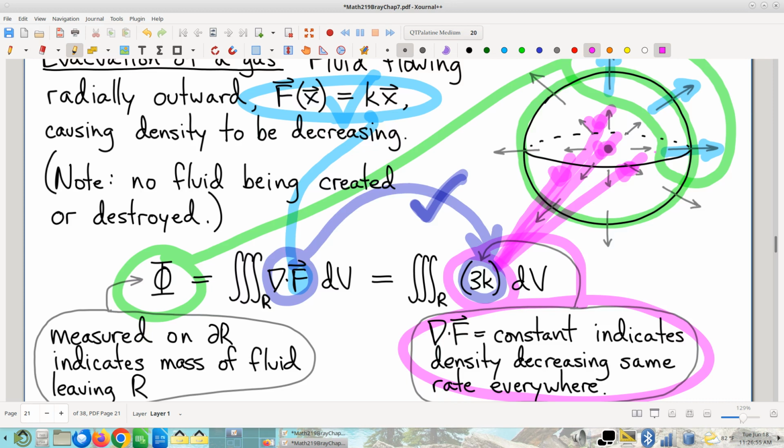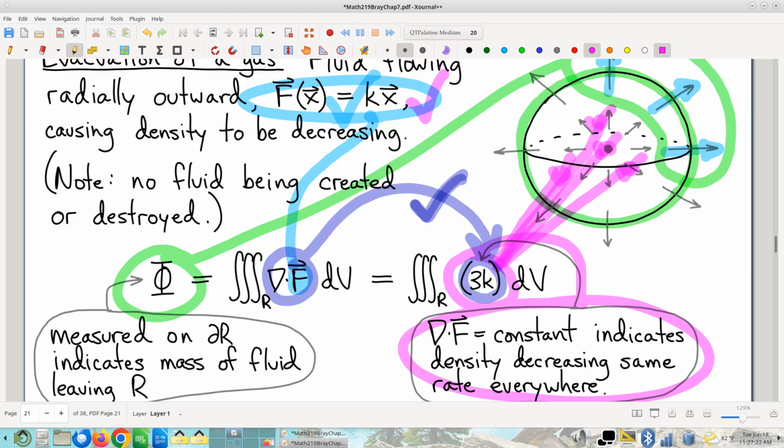And that, by the way, is a check of reasonableness that this might actually be the vector field describing the flow in the first place. We've just confirmed that the vector field, as it should, suggests a constant decreasing of density uniformly throughout the insides. Again, as it sort of has to be.